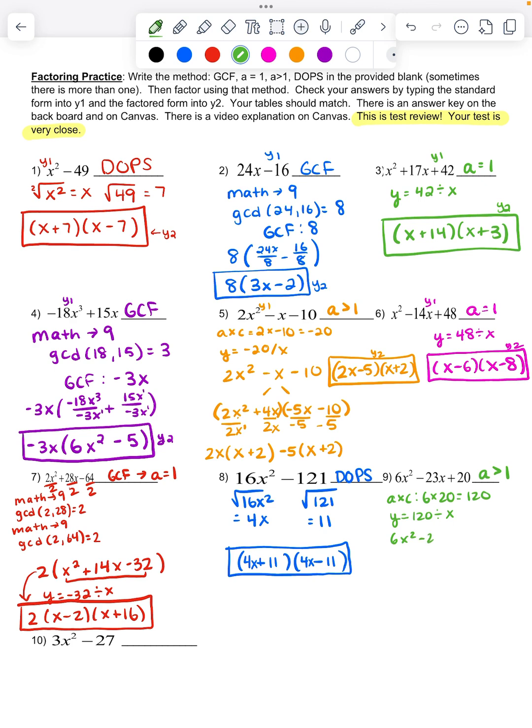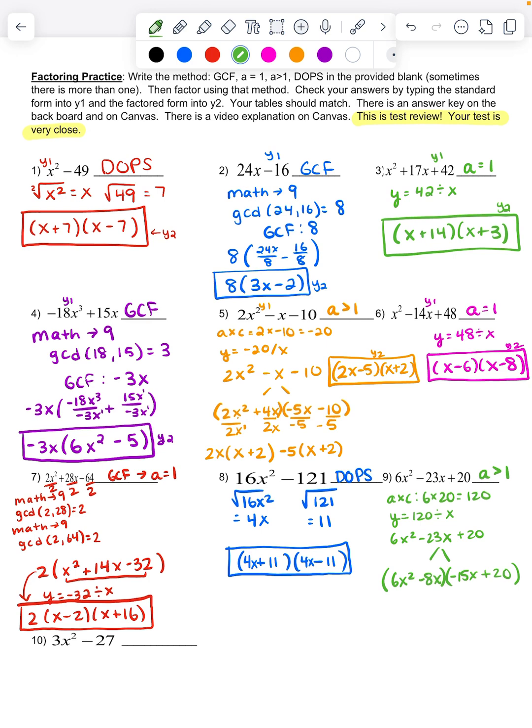So I want to take this and split it up into negative 8 and negative 15. It makes more sense for me to pair the 6, I guess, really with either. So I'm going to do the negative 8. And then I like pairing the 15 and the 20 together. Okay, so I'm going to pair it like this.